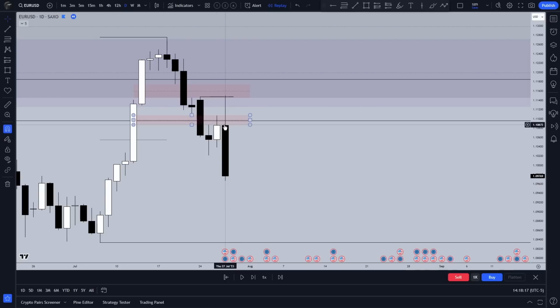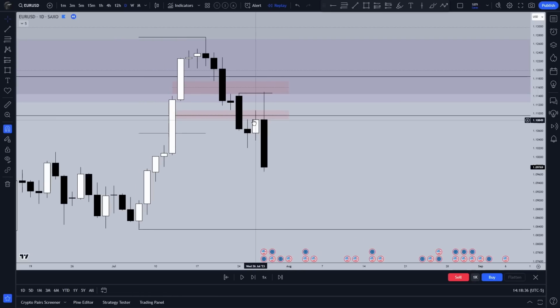We still got no close above, and that's why I only use the daily candle closes to determine my bias. I never use the wicks. The wicks are only there to take liquidity from old highs and lows, and the daily candle open and close is what I use to determine the narrative of price. And you can see, if we take a look at the close, we are perfectly respecting this lower daily balance price range, right?